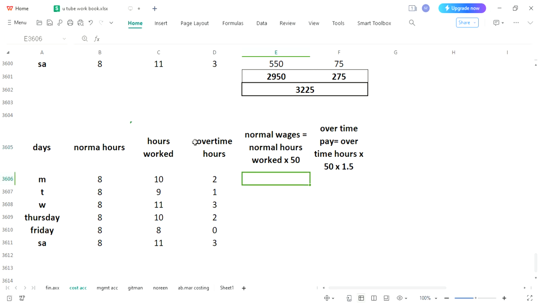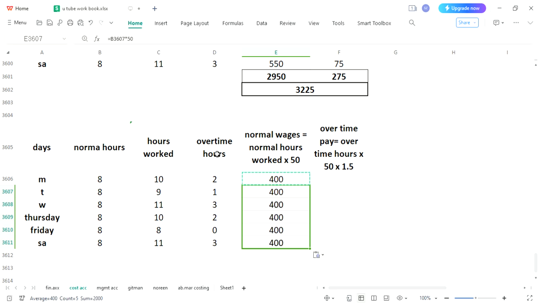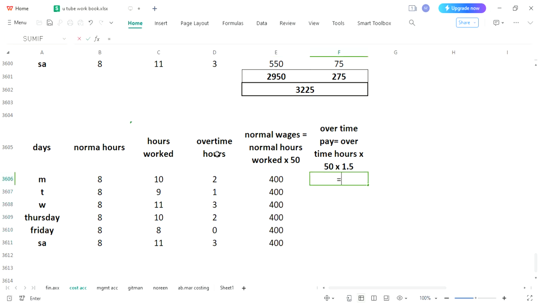So instead of hours worked, you will separate normal hours and overtime hours. Here you can see your normal hours were 8, and multiply it with 50. In a similar way, you will calculate the normal wages of every day. Here the difference would be created. Overtime payment is separated.